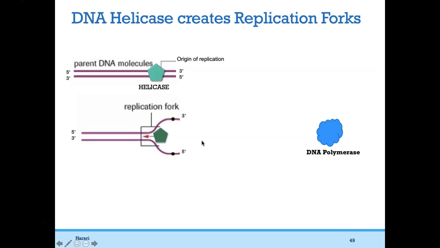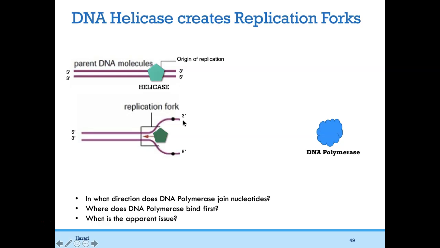Right, we said DNA polymerase wants to start toward the 3' end of the template DNA, right? Because it can only join nucleotides 5' to 3', right? So the DNA polymerase must bind to the 3' end first, and then it can make new DNA 5' to 3'.